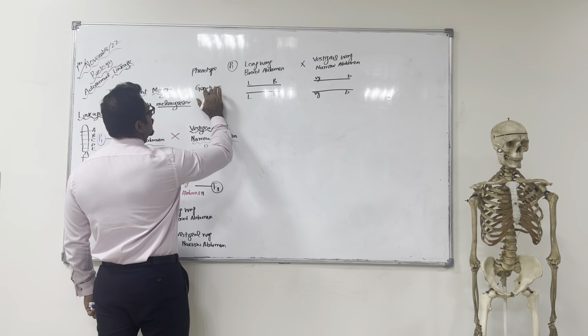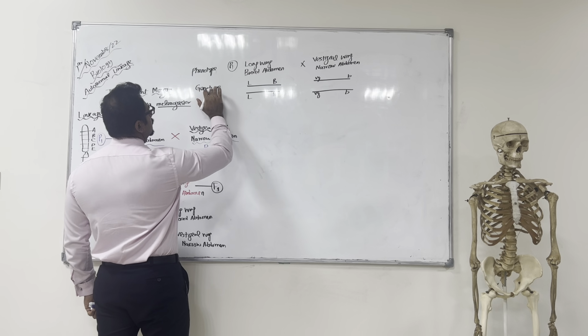Next step, we write the gametes. Now, how will we write the gametes? Simple. Capital L, capital B, circle. Now, if I write the gametes for this and this, will it be the same or not? So I am writing it only once. Same over here. It will be VG, small b, circle, gamete. Why do we use VG and not small l?